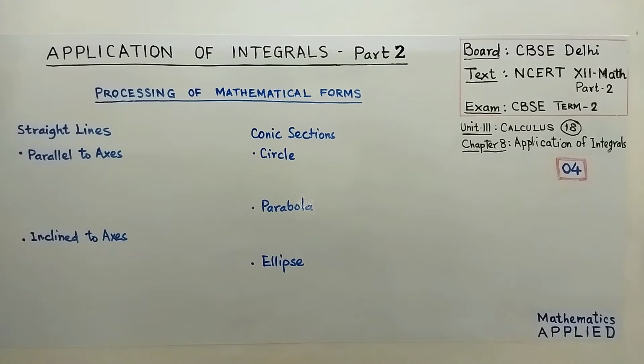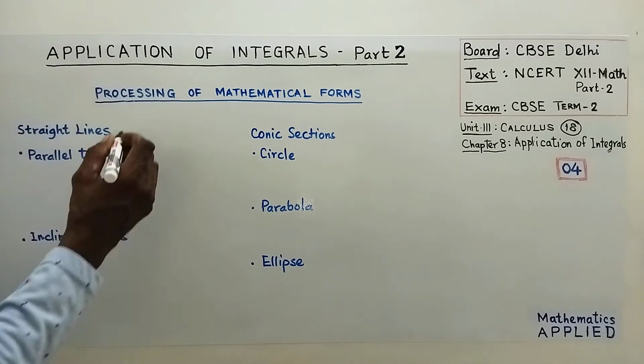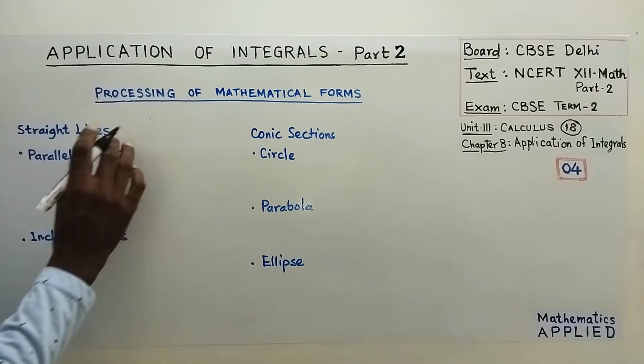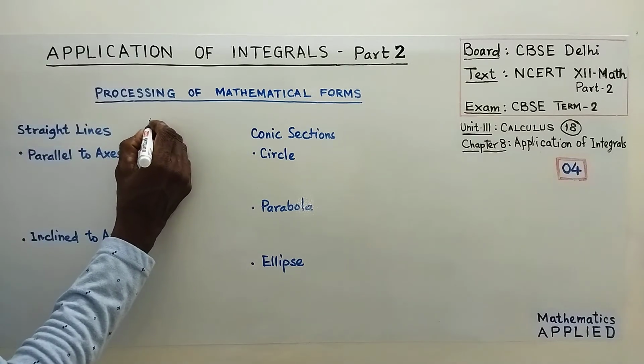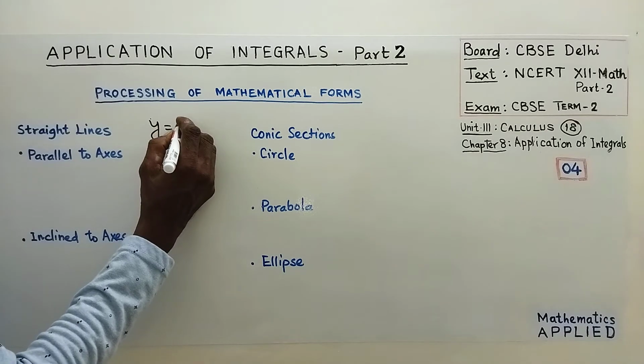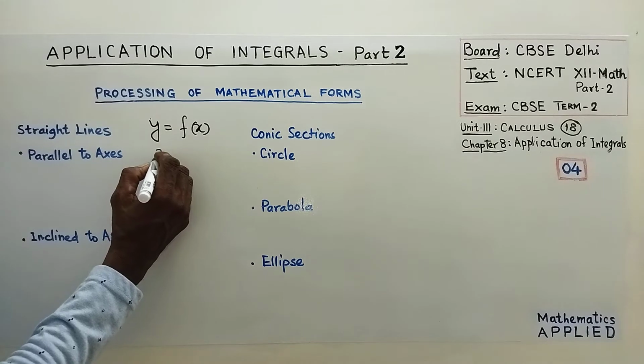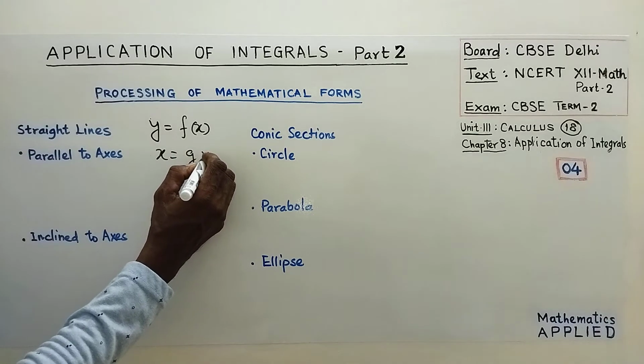So, what is that processing? I will tell you what the processing is like. You have to convert these forms into this form, that is y equals f(x) and x equals g(y).